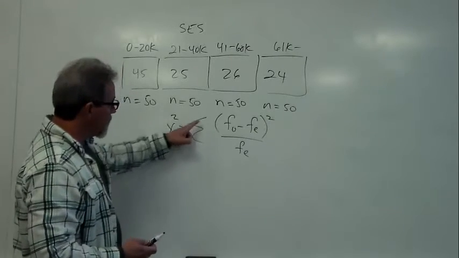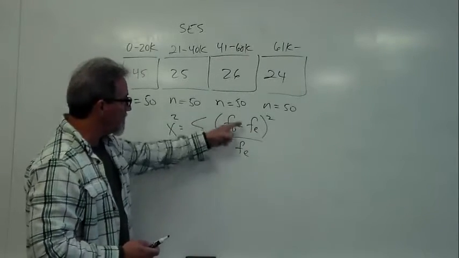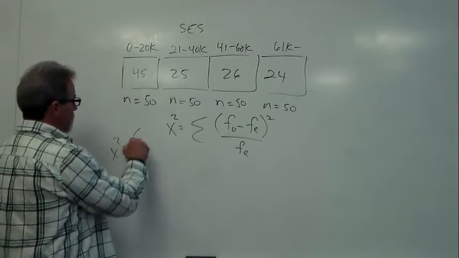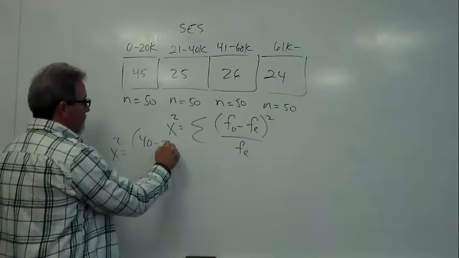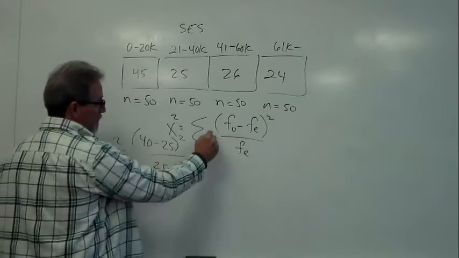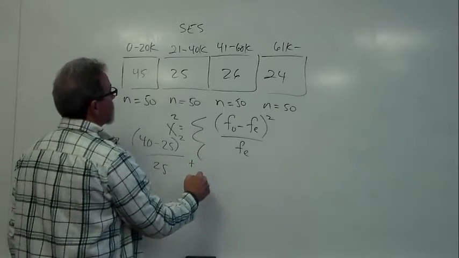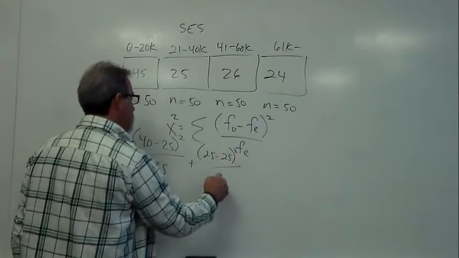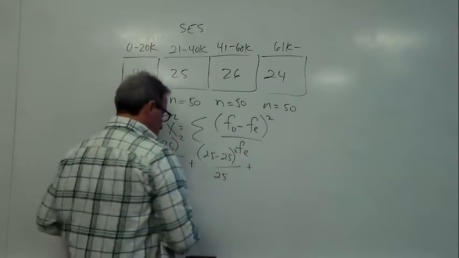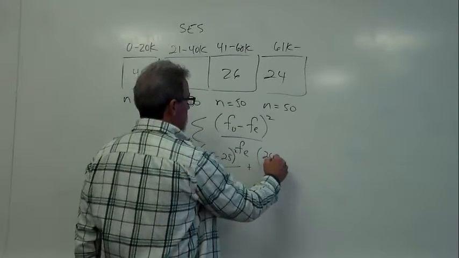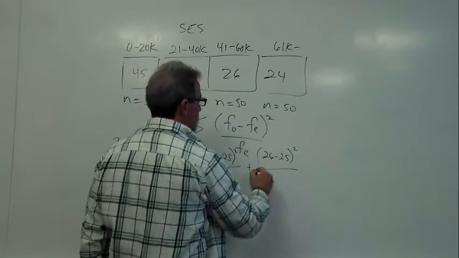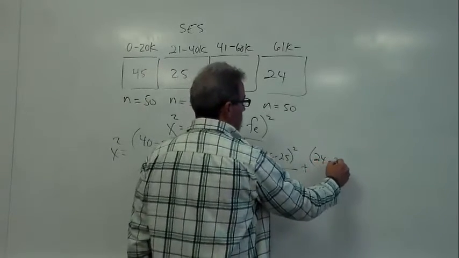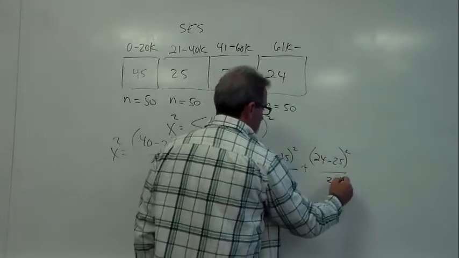So what we're going to do here, whenever we see this big sum, you want to have one of these things for every cell you have. So the first thing I would do is that. You've got the f sub o of the first one, minus 25, plus, because we're summing them all together, the f sub o of the second one, 25, plus the f sub o of the third one, 26, plus the last one, f sub o, 24 minus 25 squared over 25.